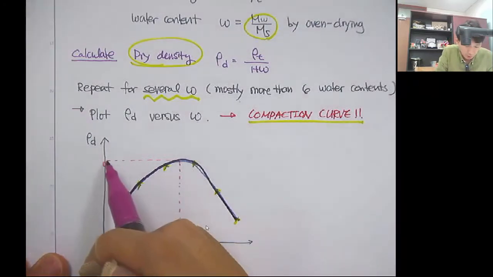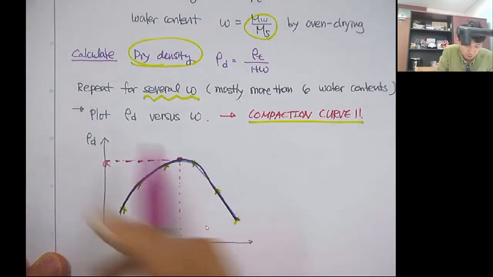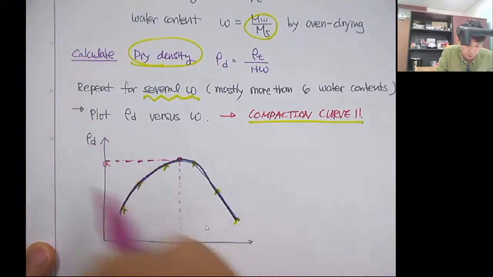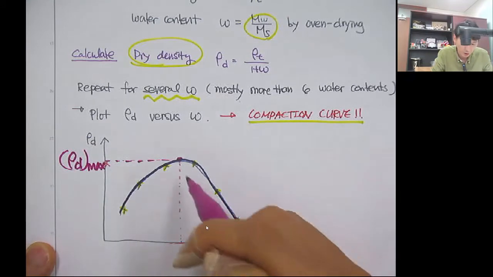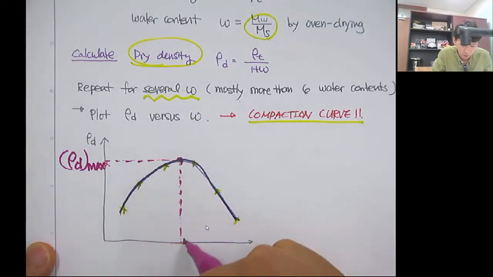One is the maximum dry density. So the peak value of this compaction curve gives you the maximum dry density, and the corresponding water content is defined as the optimum water content.